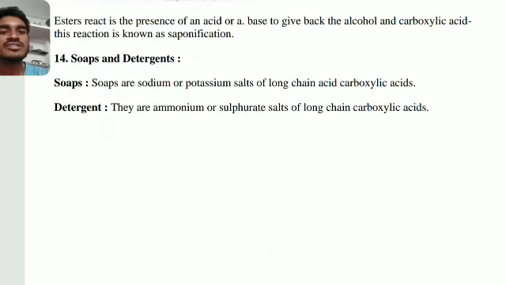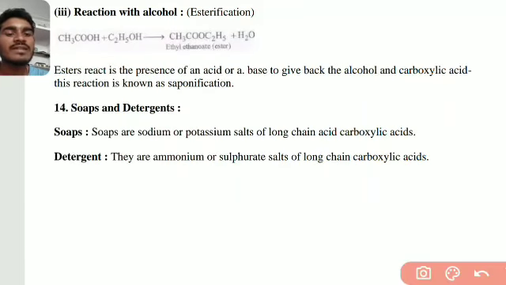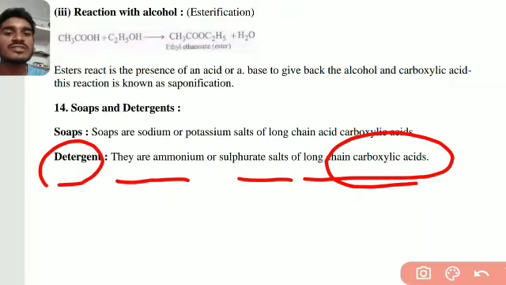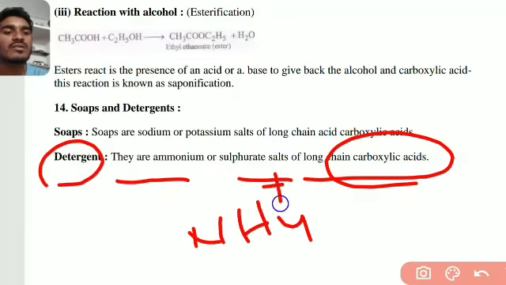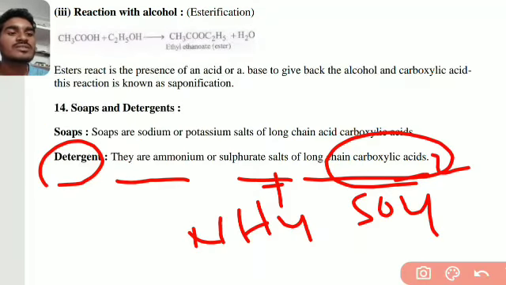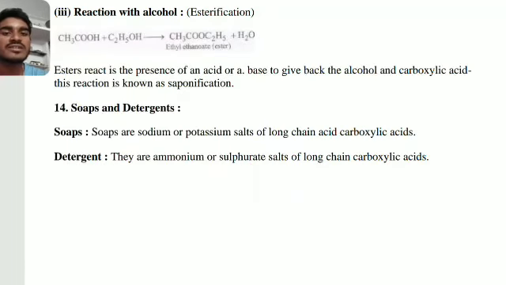Detergents also: ammonium or sulfate salts of long chain carboxylic acids we call detergents. Ammonium means NH4 and sulfate SO4 2-, and the salts may be COO-, with carboxylic acids CH3COOH group, we call detergent. Soaps and detergents are different.